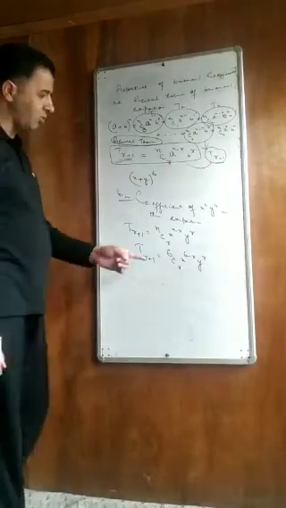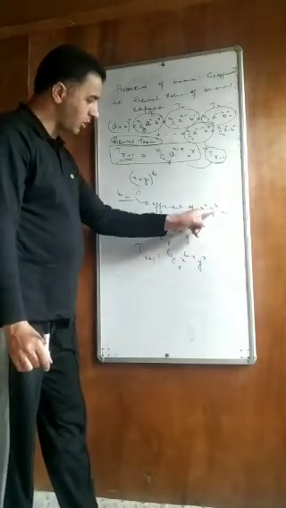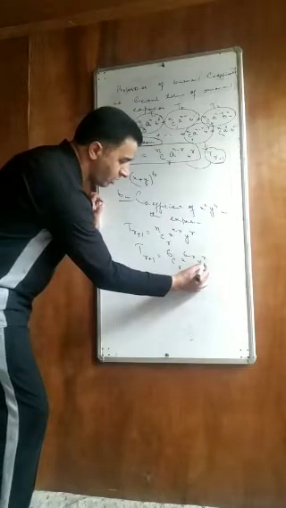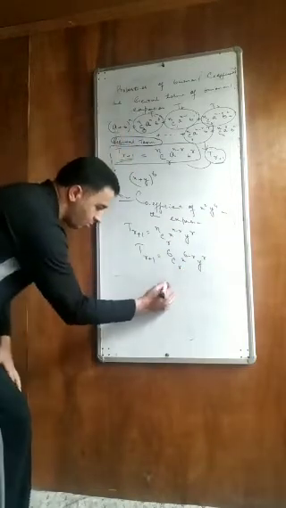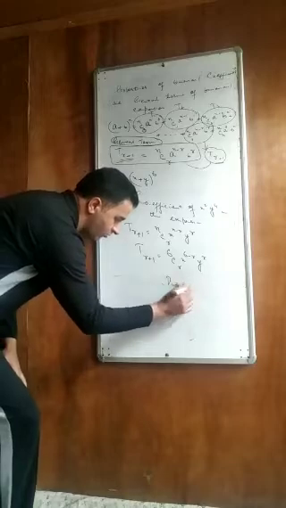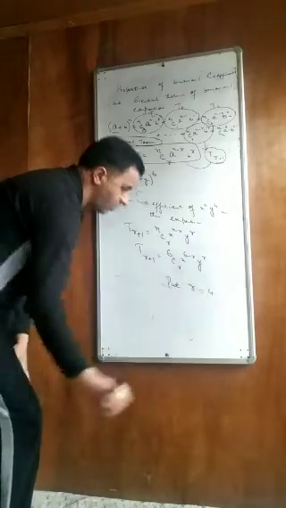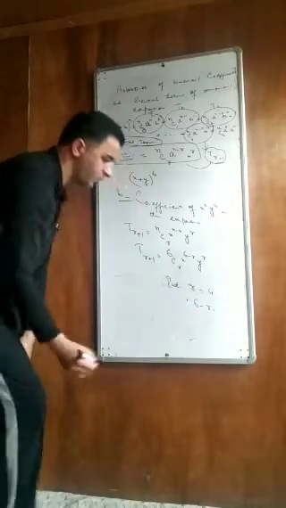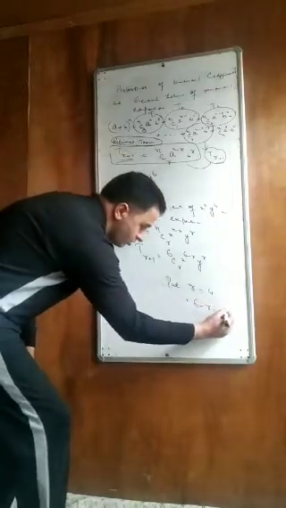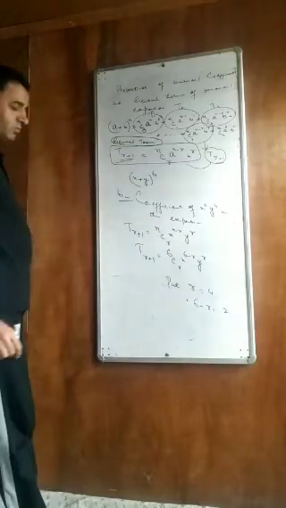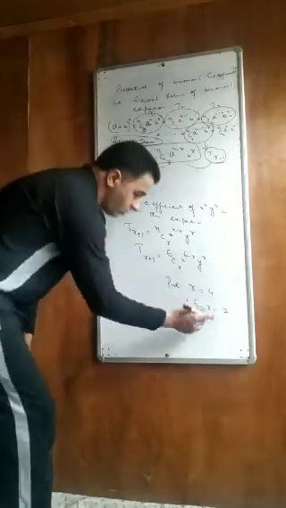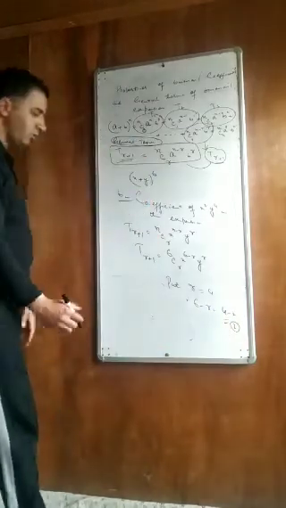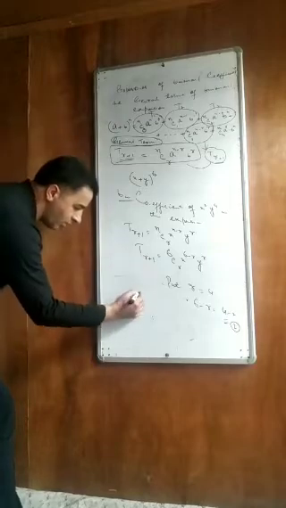Which coefficient do you need to find? The coefficient of y raised to power 4. Either you can put 6 minus r is equal to 2, or you can put r is equal to 4. Put r is equal to 4. Therefore 6 minus r is 6 minus 4, which is equal to 2. So the value of r you have to take is 4.